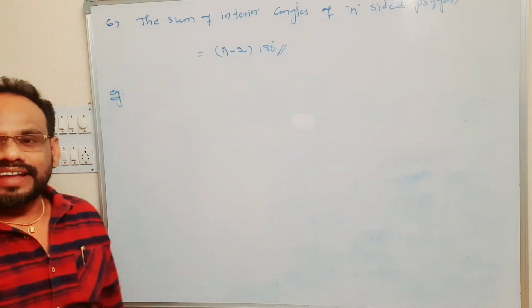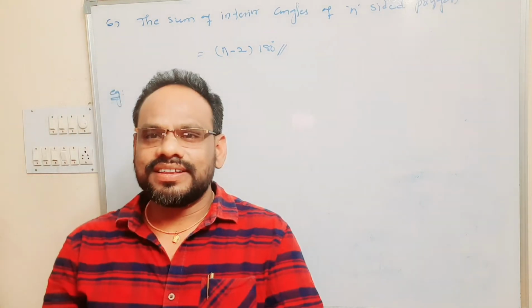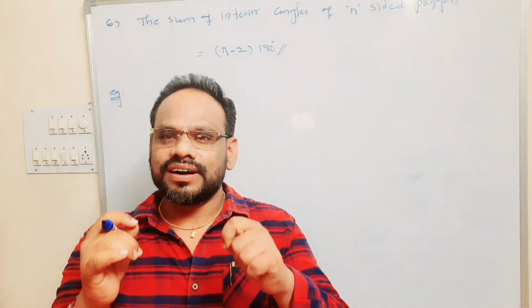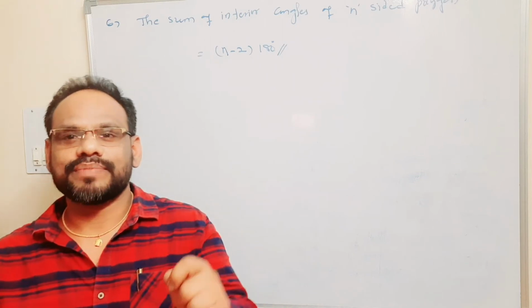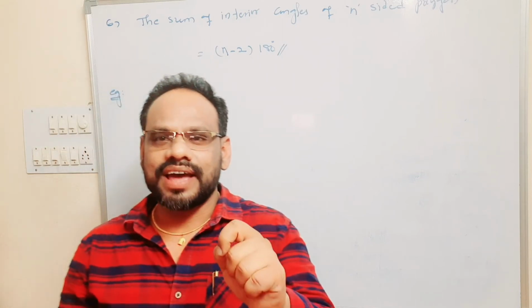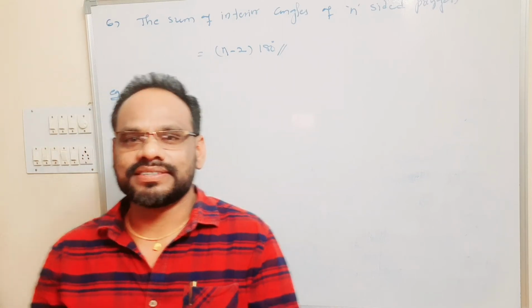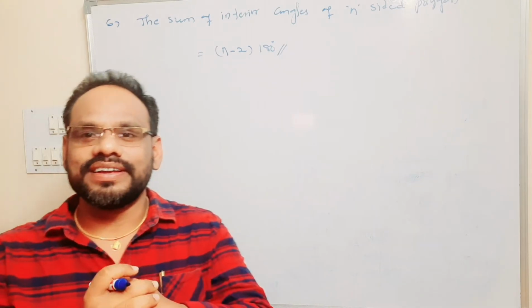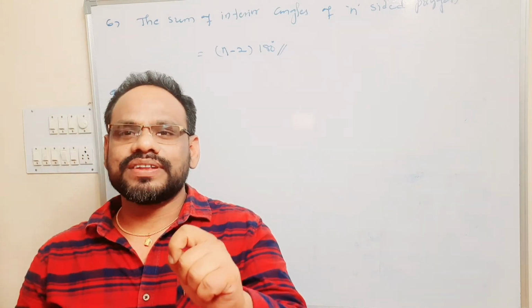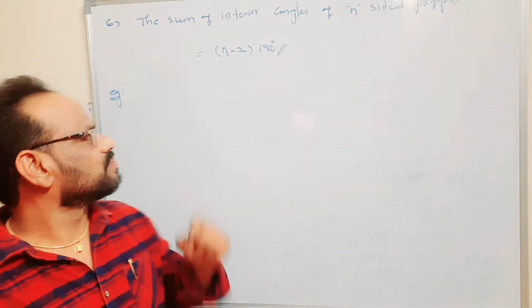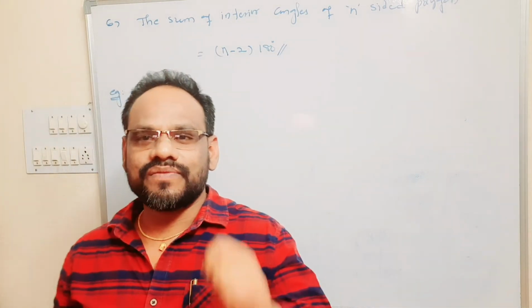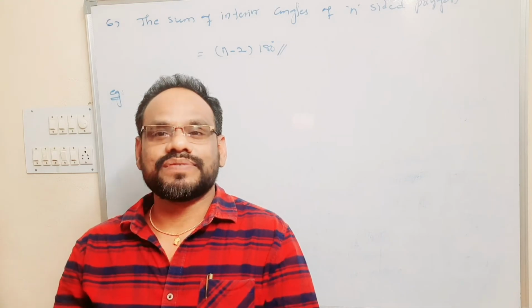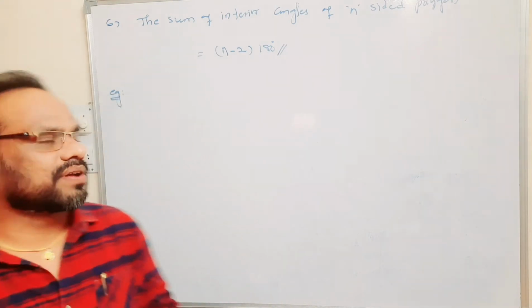If the interior angles of a polygon are in arithmetic progression, the smallest angle is 120 degrees and the common difference is 5 degrees. Find the number of sides of the polygon.